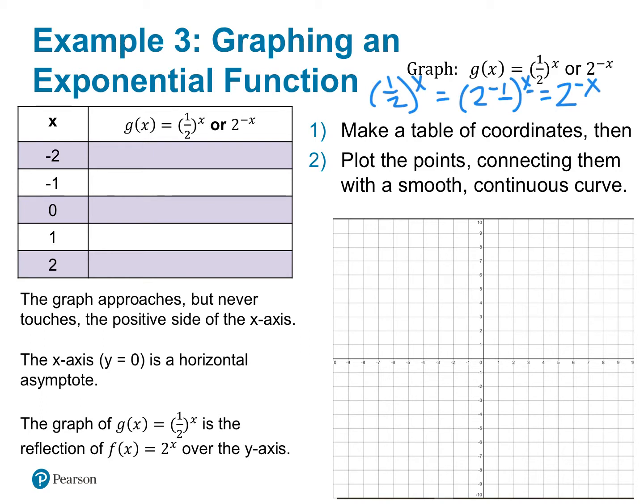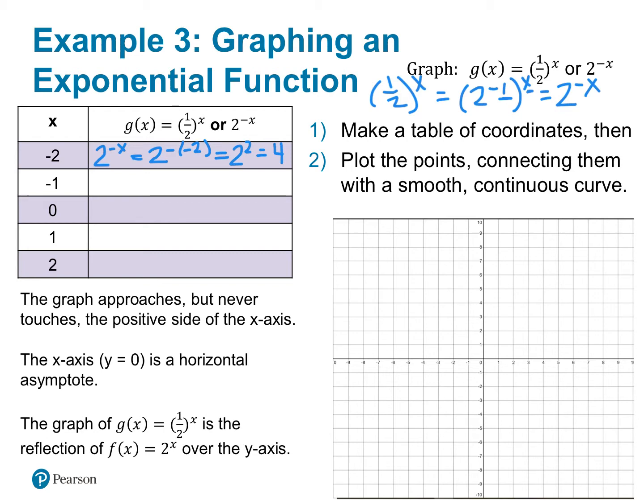So let's go ahead and replace x. We have 2 to the -x, but we're going to replace x with -2. So you end up with 2 to the -(-2), which is 2 to the +2, which is 4.